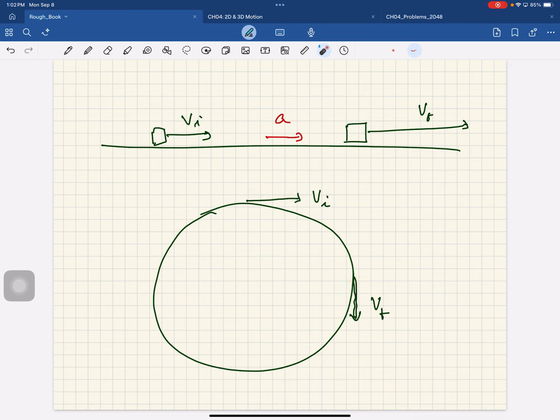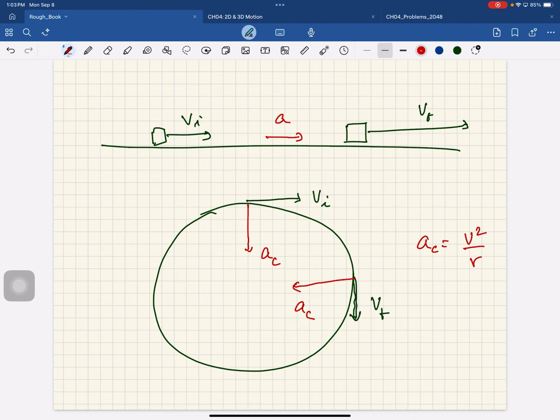In this case, the acceleration, as you learned, is pointing toward the center. So the acceleration is always pointing toward the center. The magnitude of the centripetal acceleration is v squared by r. Is this acceleration constant?